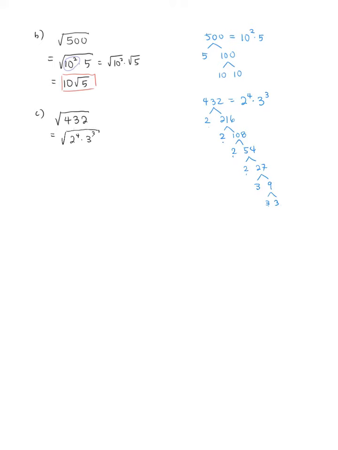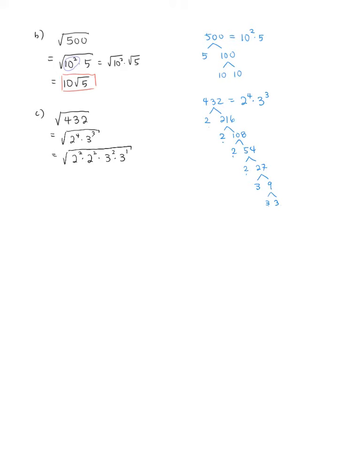But remember, I'm given the square root, so what I'm looking for is a perfect square. So I'm going to break down the exponent into a power of 2. So 2 to the 4th is the same thing as 2 squared times 2 squared. Remember, you add the exponents. So if I add 2 plus 2, it's going to give us 4. And then I could break down 3 to the 3rd into 3 squared times 3 to the 1st, because again, you add the exponents.